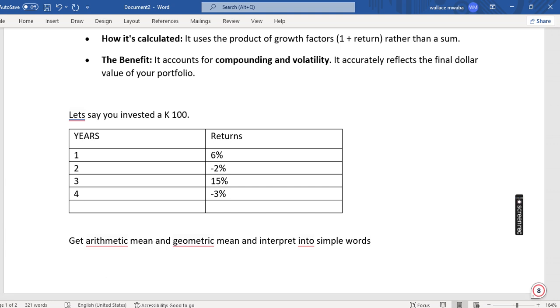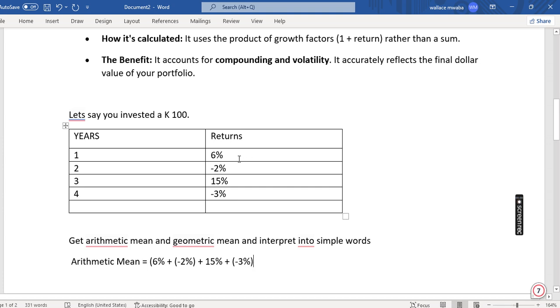I've already calculated the geometric mean. Let me just calculate the arithmetic mean. So for the arithmetic mean, we're just adding up all the returns: 6% plus negative 2% plus 15% plus negative 3%.